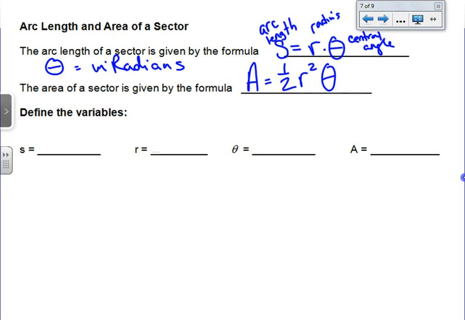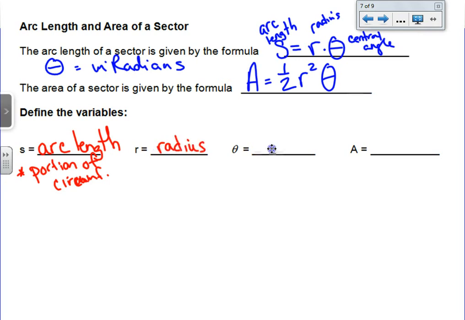Now, I should have done this down here. Now I realize. S, we decided, was arc length. If you want to write a note to yourself, arc length is a portion of circumference. R, you guys told me, was radius. So we're working with a circle, and R is radius.